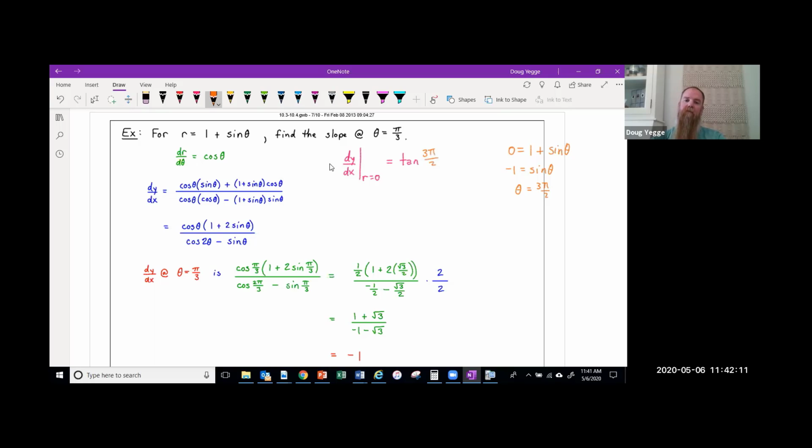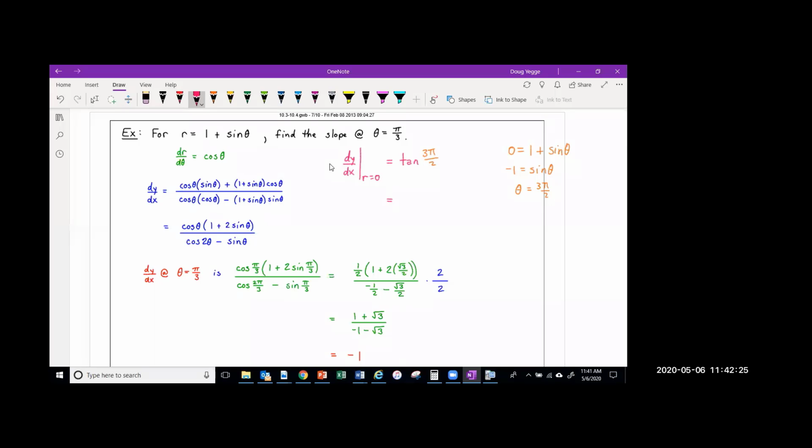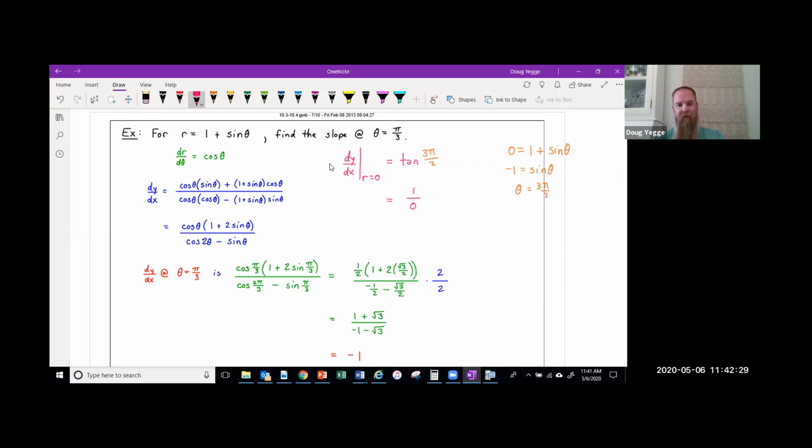Okay. What is tangent of 3 pi over 2? Oh, well, it's on the unit circle, 1 over 0. Yeah, it's 1 over 0. Oh, wait, that's undefined.